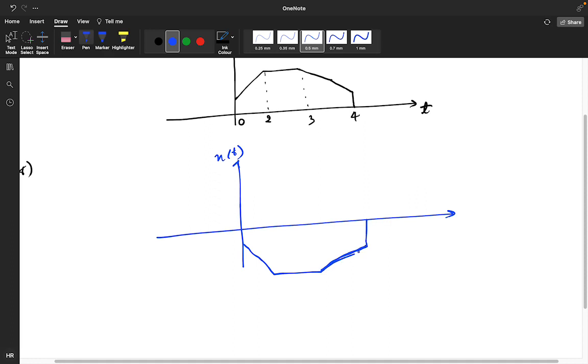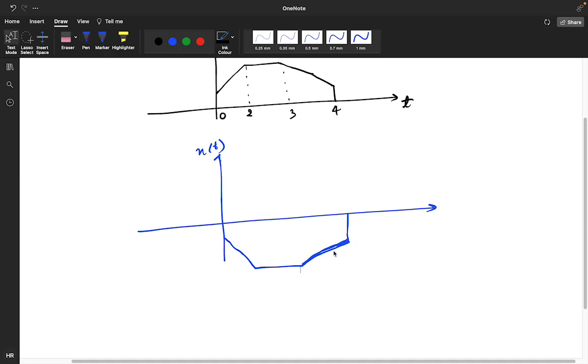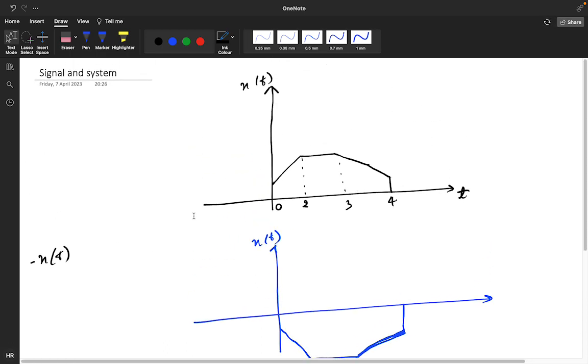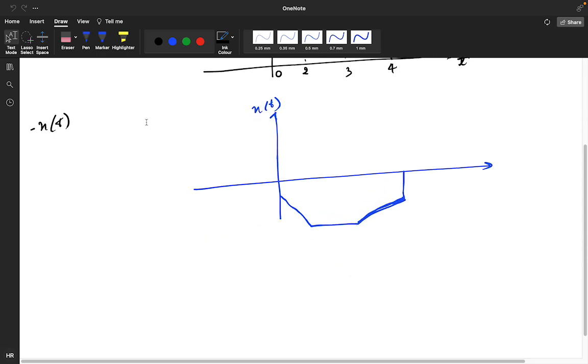This is known as the amplitude reversal theorem. When you multiply by a negative sign, you get the inverse of this, meaning all the signals will come down, right?